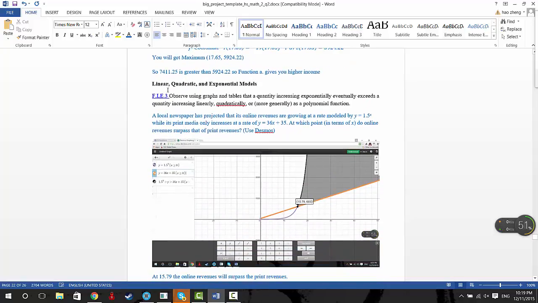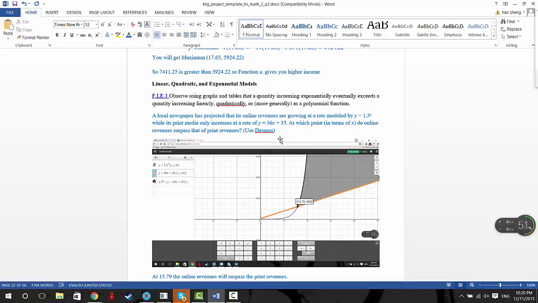And here, linear, quadratic, and exponential models. A local newspaper has projected that its online revenues are growing at the rate modeled by y equals 1.5 to the power of x. Print media only increases at a rate of y equals 36x plus 35.